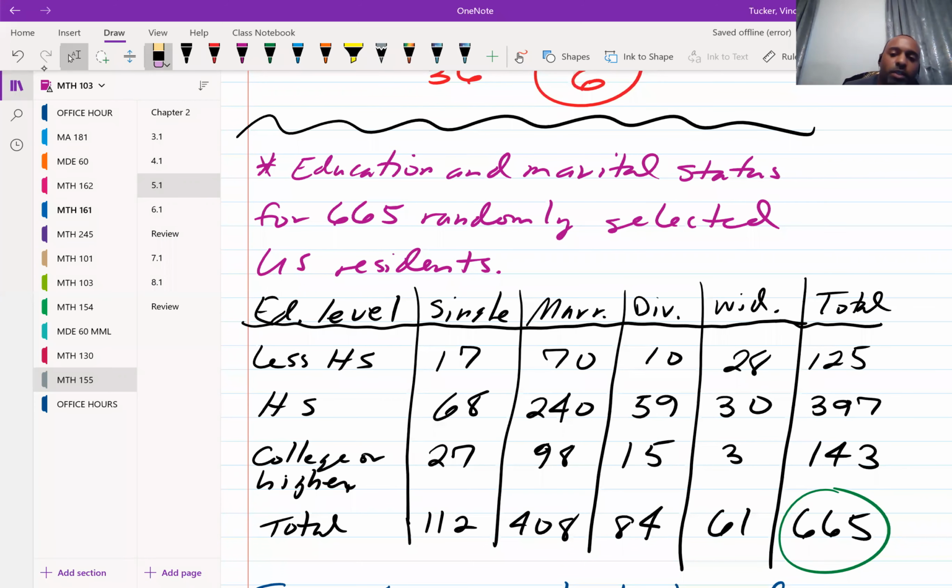Across the top, we're looking at single, married, divorced, widowed, and then total. Then we see our numbers: 17, 68, 27, 112, 70, 240, 98, 408, 10, 59, 15, 84, 28, 30, 361. Then the final column: 125, 397, 143, and 665.